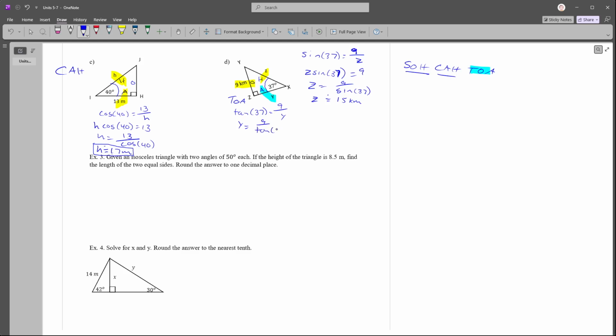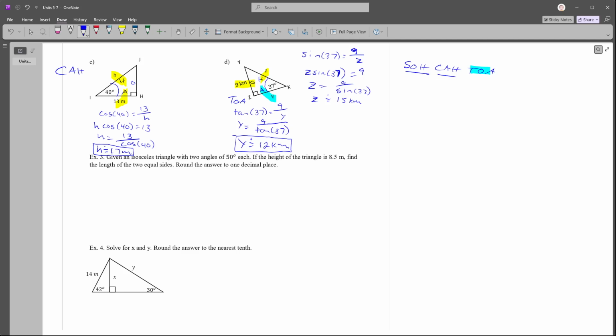So tan of 37. So what do we end up with here? y is approximately equal to 12 kilometers. So we can use these trig ratios to calculate any side length we want. We just have to fill in the data and solve for the unknown variable, and that's the whole thing.